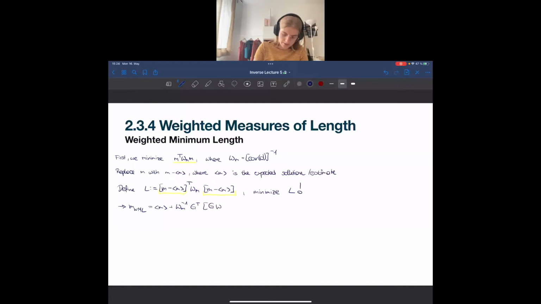Then this parameter or matrix we know already, and then here D minus G and the expected M. And therefore the weighted minimum length operator is given as omega M inverse, G transposed, and then this thing here. And of course, only if the inverse exists.